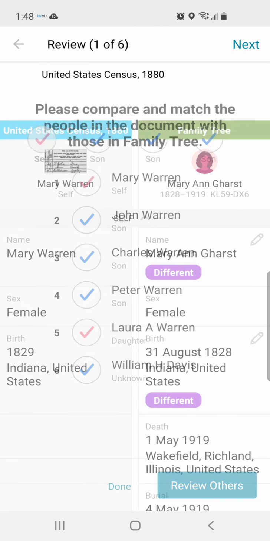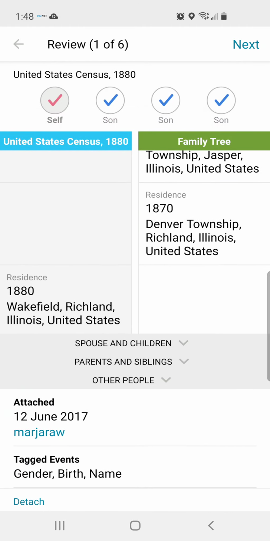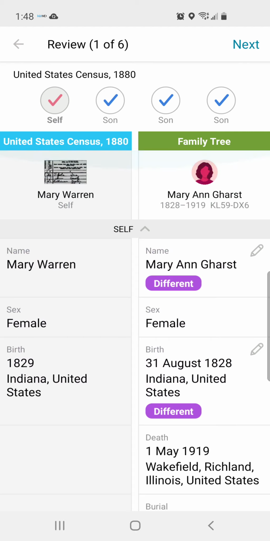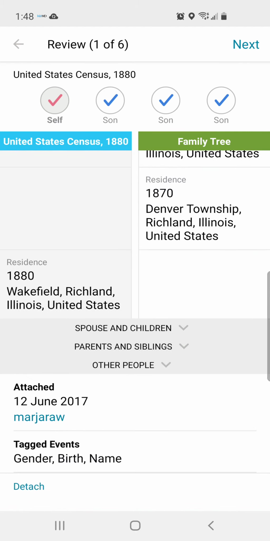So let's look. And sure enough, the same person didn't attach fully because she didn't add the residence over into the right-hand column, which will show where this particular individual, Mary Ann Garst Warren, lived and what her family group was and when she was living there.